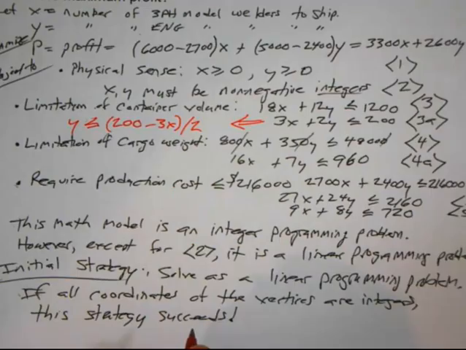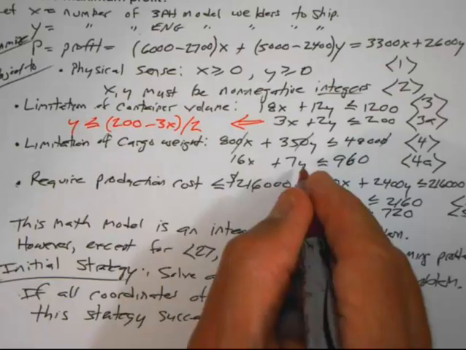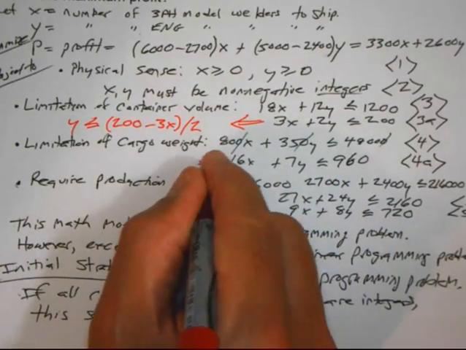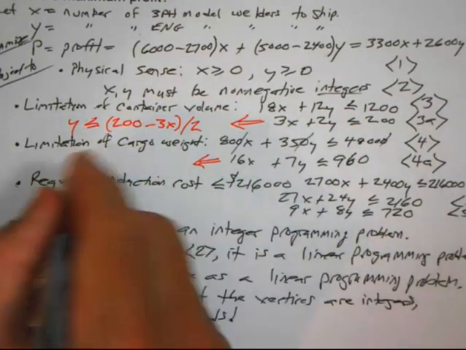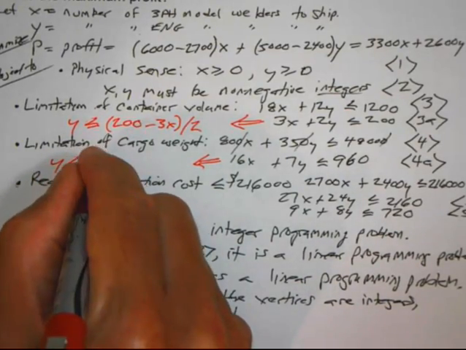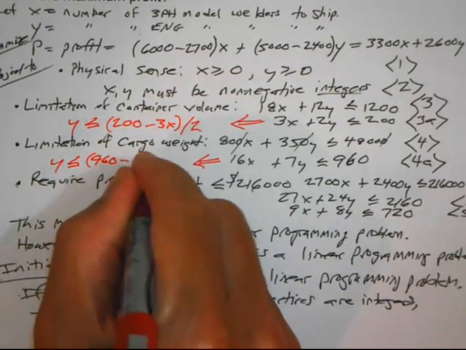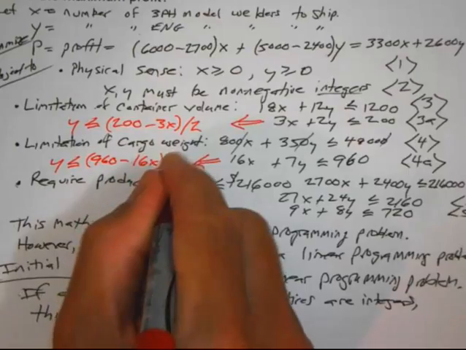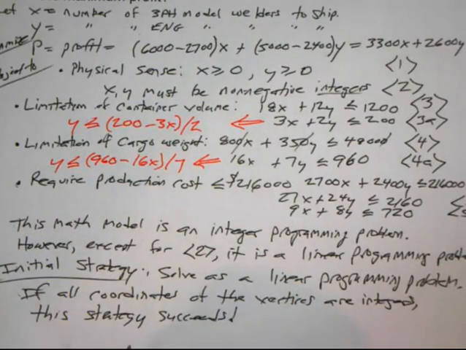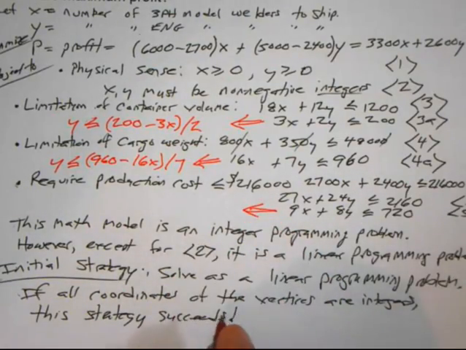Okay. For the number 4 restriction, here we could take this, come over here, solve for y. We'd have y less than or equal to (960 minus 16x) divided by 7. Okay, and number 5 here. Alright, solving for y.